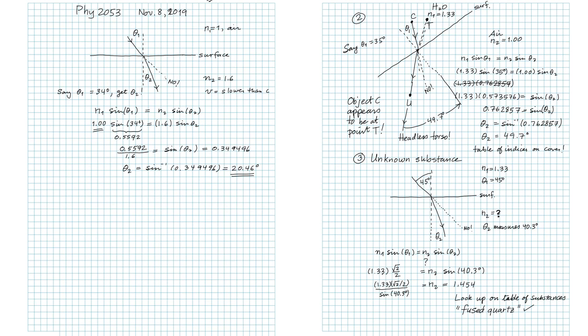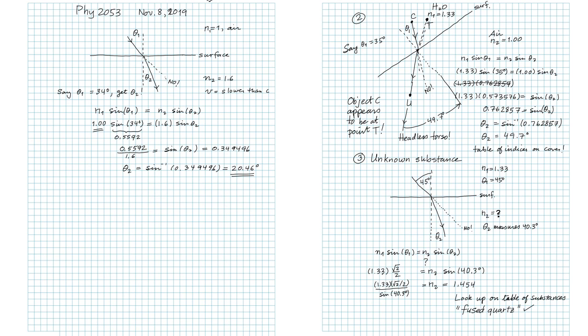All right, so sine of theta 2 is the product of those two, so 0.762857. Johnny, you verify me on that? Okay, so that's the sine of theta 2.